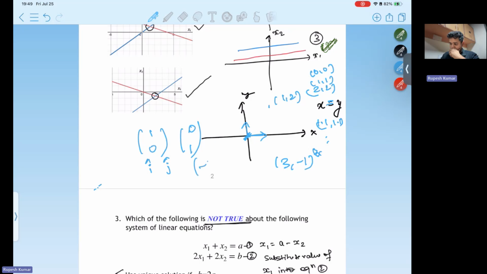Can you go to the point (-1, -100)? Can you go to the point (10, 100)? Or (100, 100)? Can you go using any linear combination of these vectors? By linear combination, I essentially mean scaling these vectors and adding them up. That's it. Two operations: you scale the vectors and add them up.